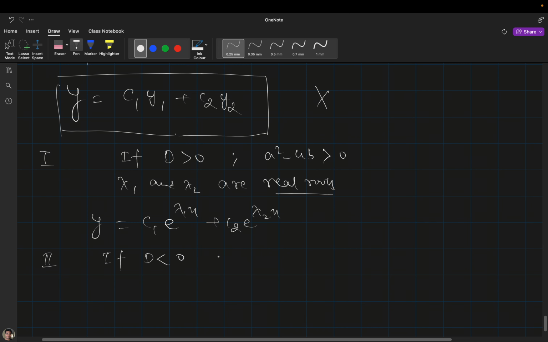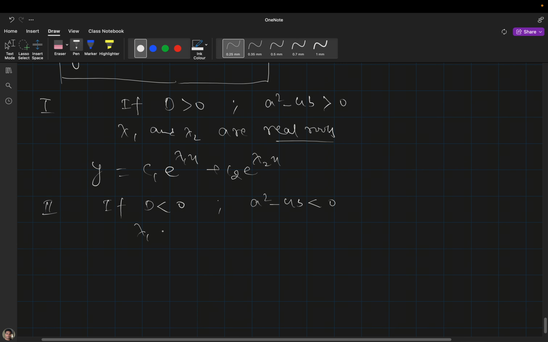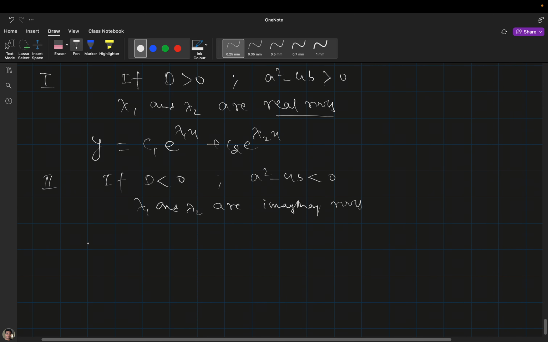But what if the discriminant is less than 0, which means that a square minus 4b will be less than 0? Then in that case lambda 1 and lambda 2 are imaginary roots. Then what will be lambda 1?